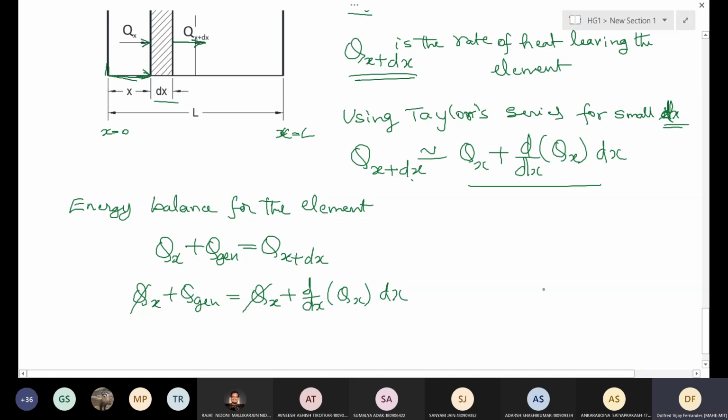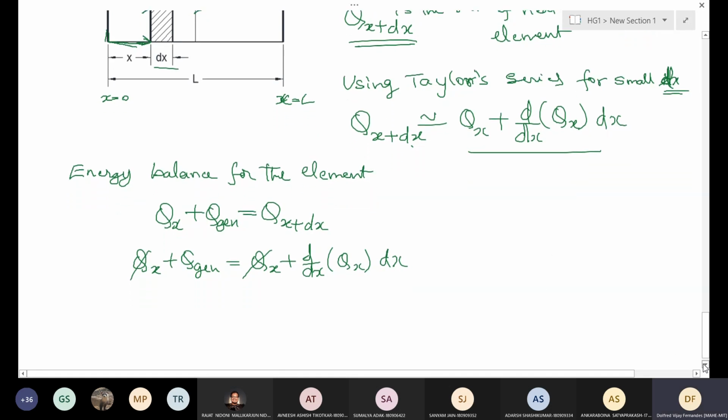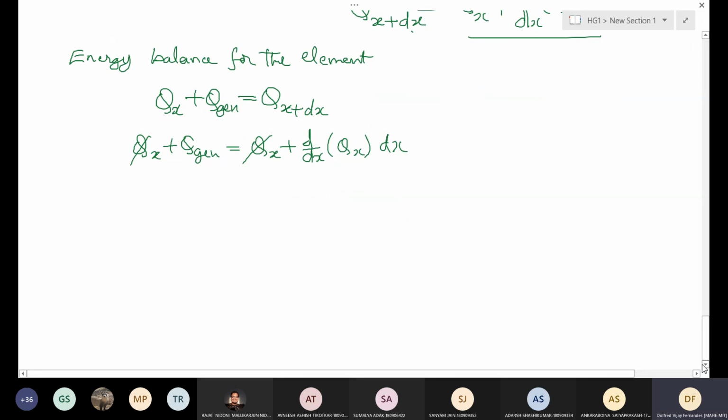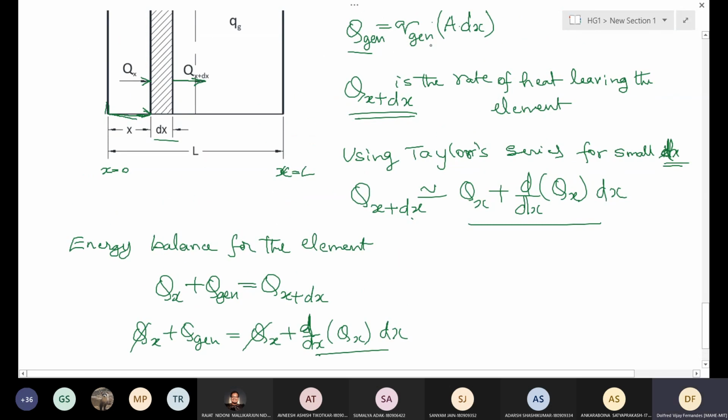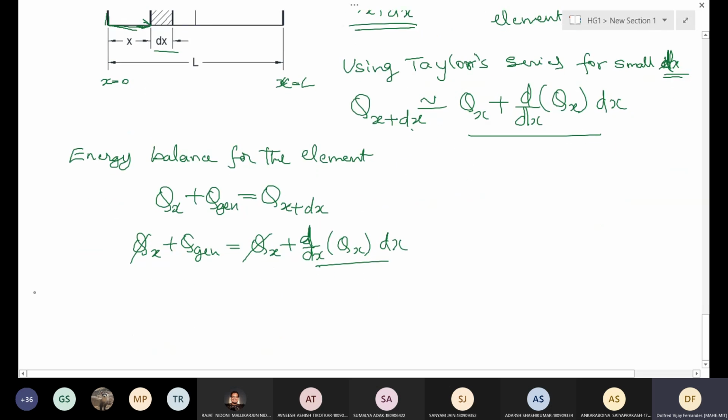So we can equate the heat going out to the heat coming in, and Q generation equals d by dx of Qx times dx. Now substitute for Q generation: it is nothing but small q generation times A dx. On the right hand side we have d by dx of Qx.